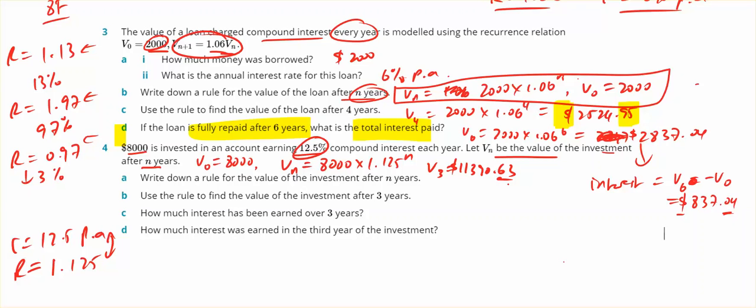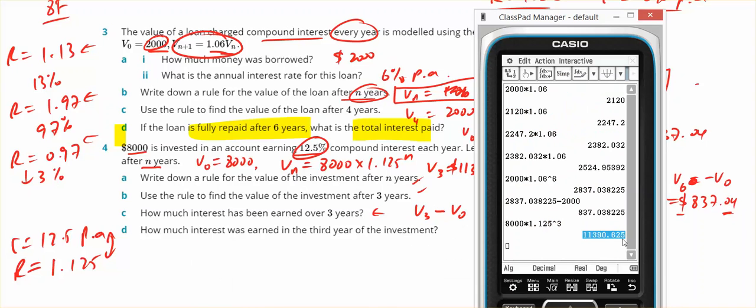Okay. Use the rule to find... I've already done that. And how much interest has been charged over 3 years? Similar thing. The interest charged would be your value at 3 years minus the initial amount you borrowed. So all you're simply doing is the value after 3 years, this amount, minus the initial amount.